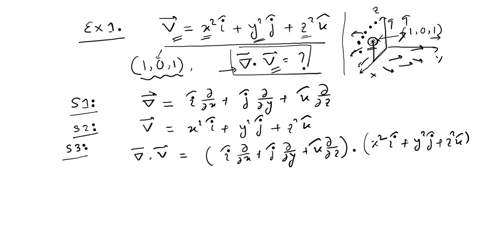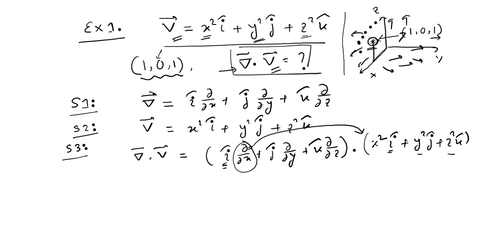Now, as you all know, this is a simple vector dot product, so i cap will be dotted with this i cap. That means del/del x will only operate on the first term. When del/del x operates on the second and third terms, it gives you 0. So the dot product is very simple, as you all know.